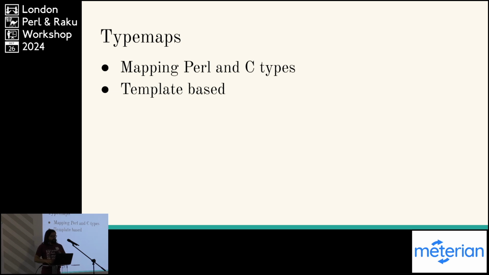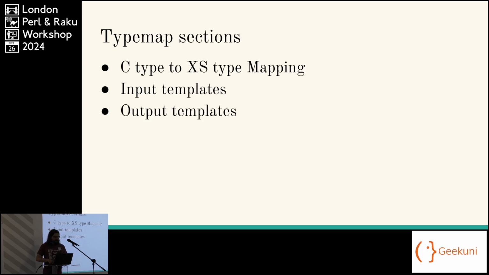This is a template-based system, so it makes the templates very reusable, because in practice, almost everything is following a small set of patterns. So a typemap has 3 sections. It has a declaration, this type in C maps to this XS type, and then you have templates: this XS type uses this template for the inputs and that template for the outputs.